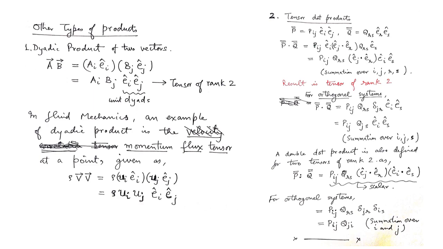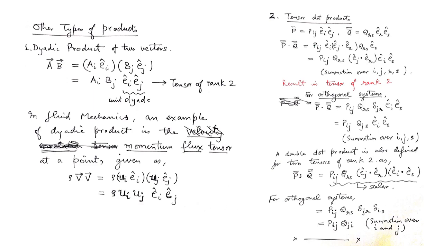Now for orthogonal coordinate systems, Ej dot Er will be replaced by Kronecker delta jr. In the next step for orthogonal systems, if you want to open out the summation, use the fact that Kronecker delta only contributes whenever r is equal to j, otherwise it is 0. So you simply replace r by j and remove delta jr from the expression.